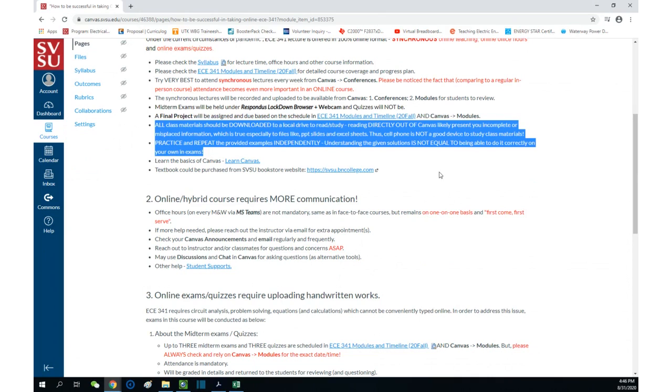Cell phone opening the Excel file and the PPT file has glitches. It happened in the past. I didn't know that until some students reported to me. What you want to do is download all of the materials into your local drive. Don't use your cell phone to study.